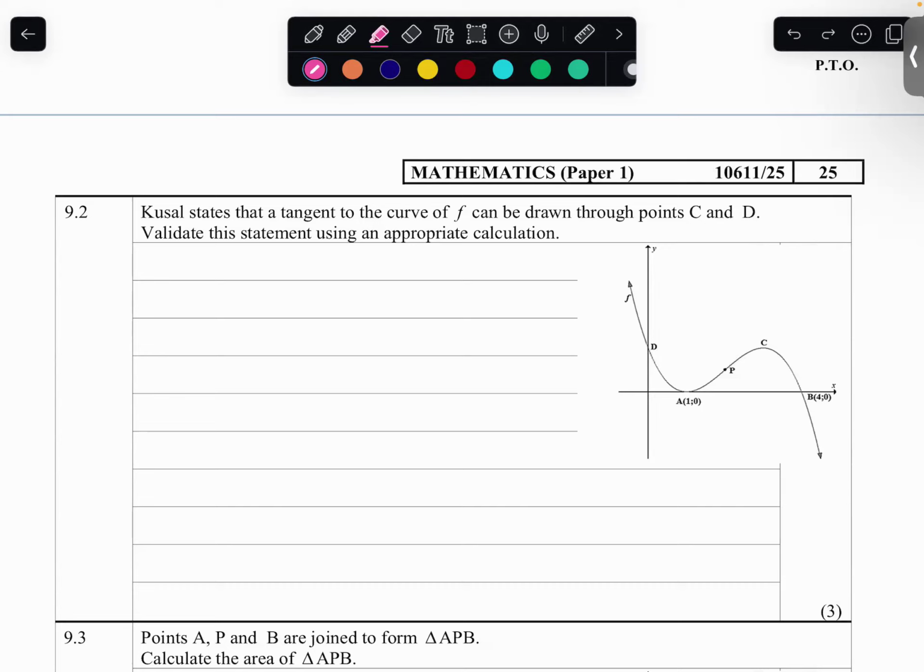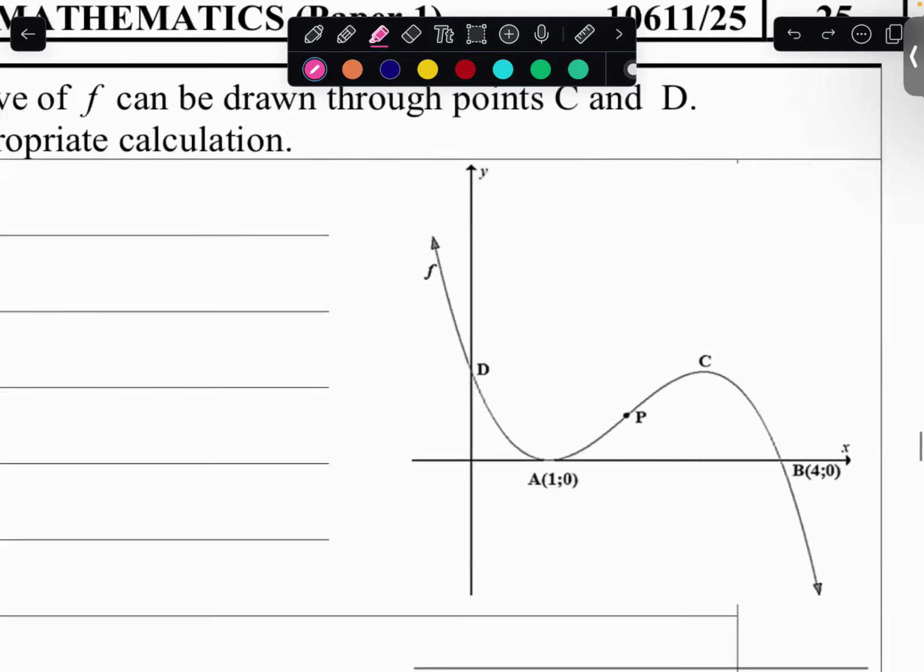there's two. You can calculate the tangent at D, and you can calculate the tangent at C. There's two ways you could do this. I'm going to assume this question is ambiguous, by the way, but I'm going to assume that they're talking about the tangent passing through C and then through D. This tangent.